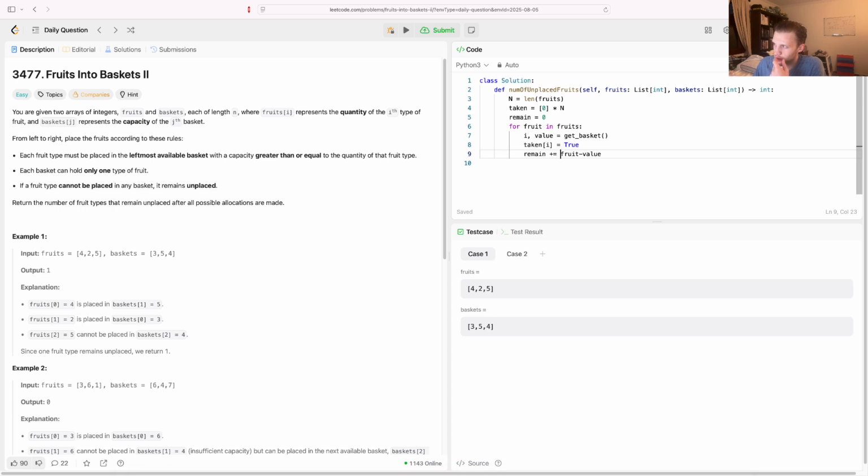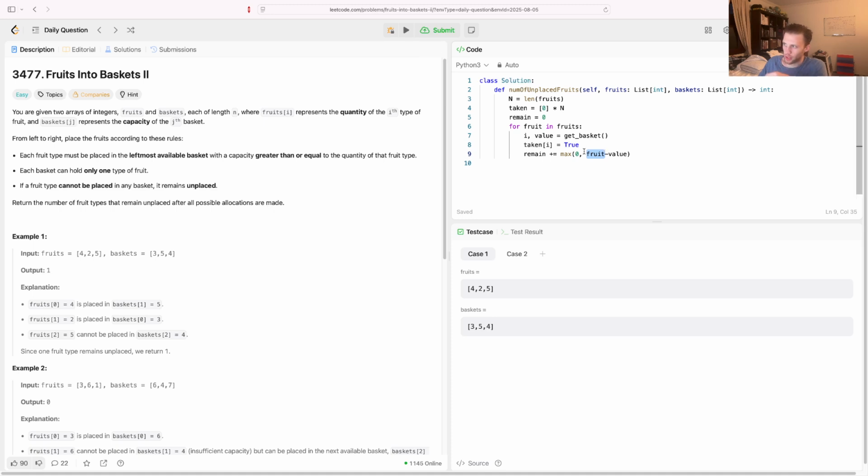If fruit is greater than value, I think that's what we want to do, because we never want to return negative values, so we always want to return 0. If fruit is less than value, it'll be like -5, and in that case we just return 0 because all the fruits can go in the basket.